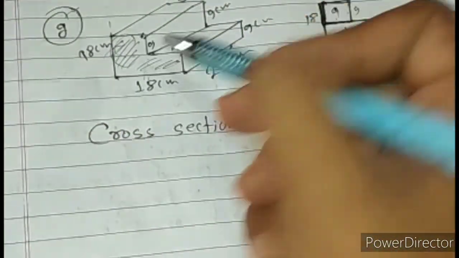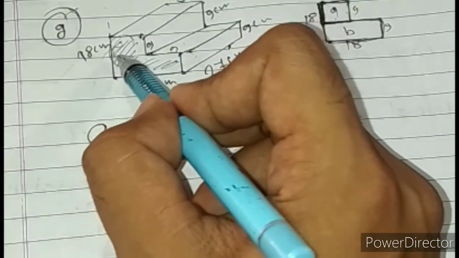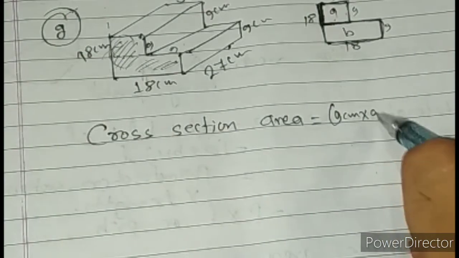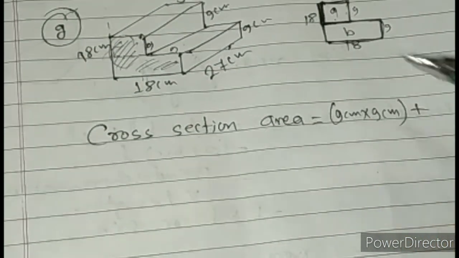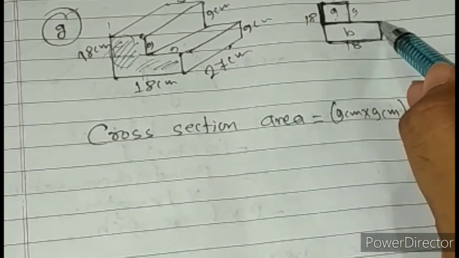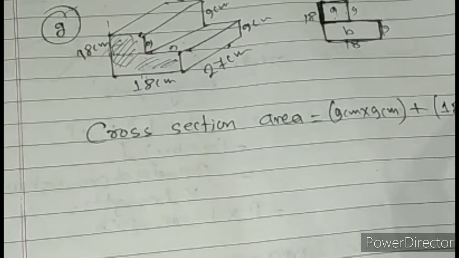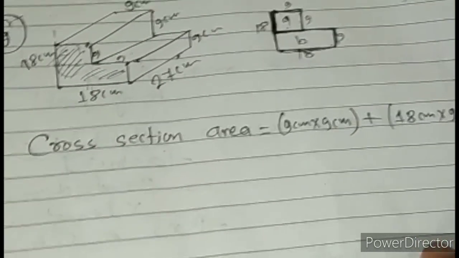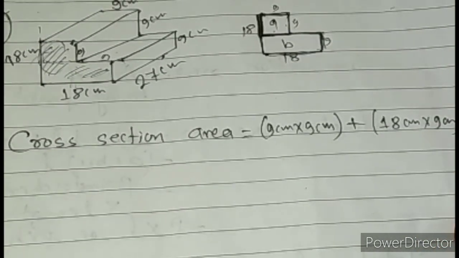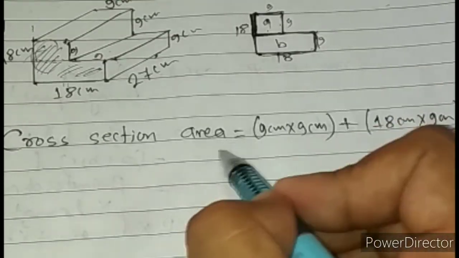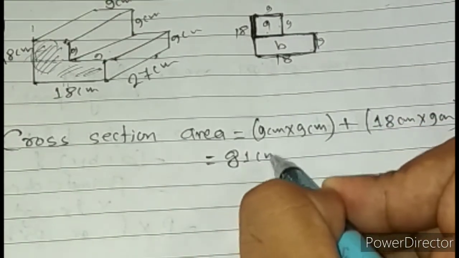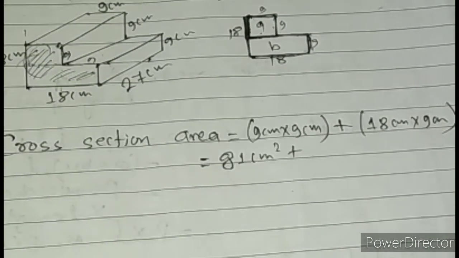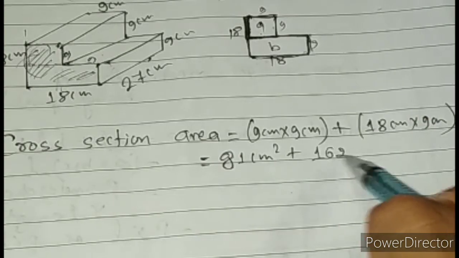Area of A is 9 into 9, plus now this one down, 18 into 9, because L into B. Now 9 nines are 81, 18 nines are 18 tens, 180, minus 18, 162.